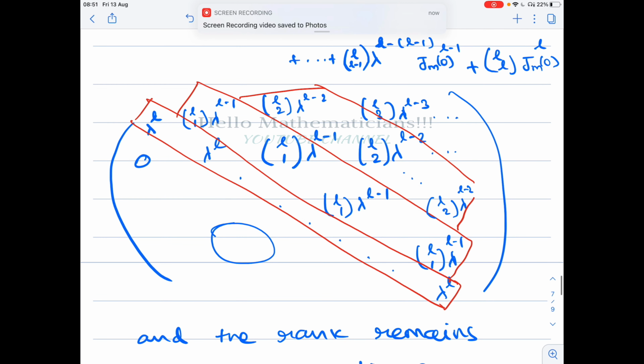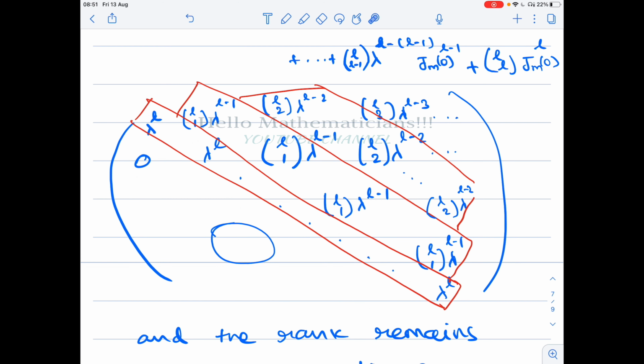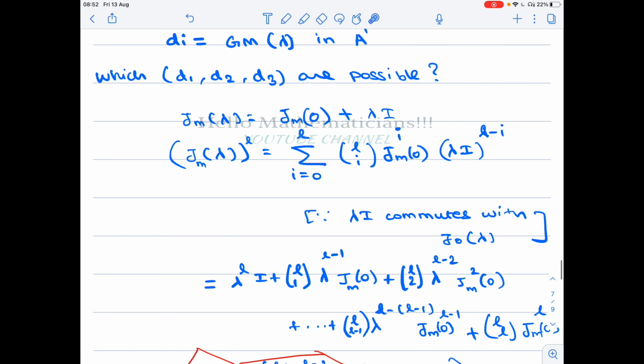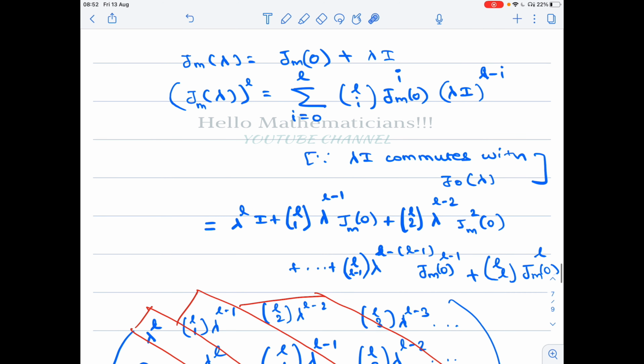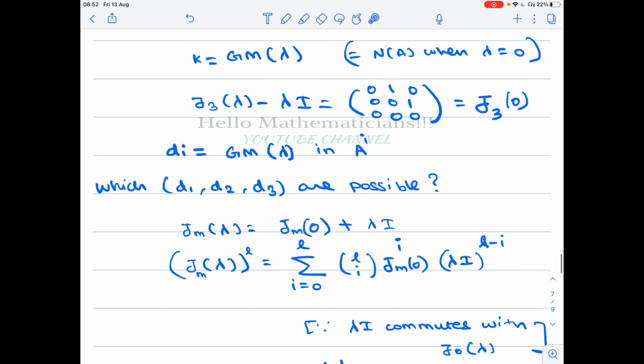Note that this is an upper triangular matrix whose diagonal entries are non-zero. Therefore, this matrix has non-zero determinant. This means that this is an invertible matrix. In particular, if you calculate the powers of Jordan blocks corresponding to a non-zero eigenvalue, then the nullity is not going to increase. The nullity is going to remain the same.